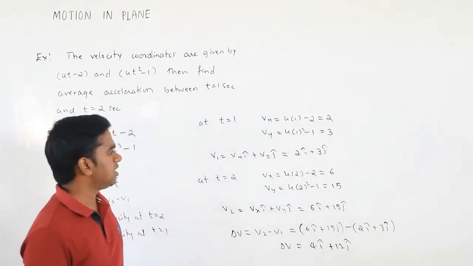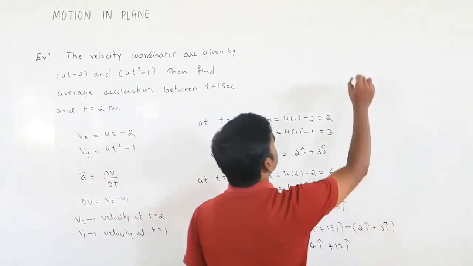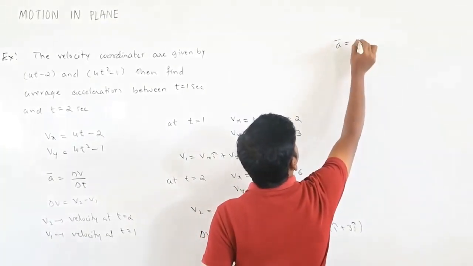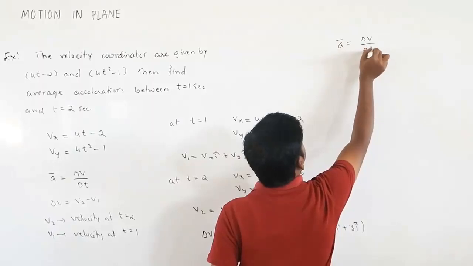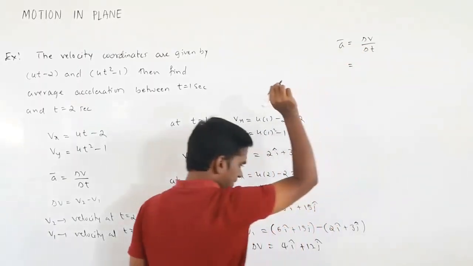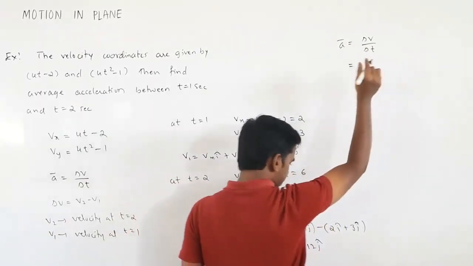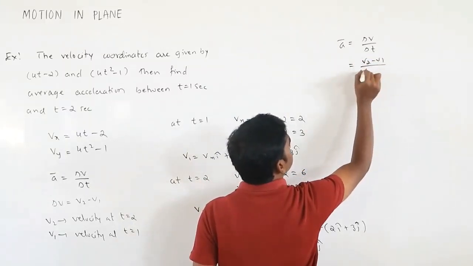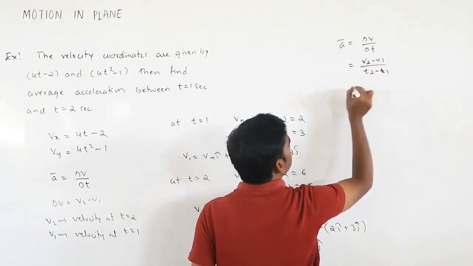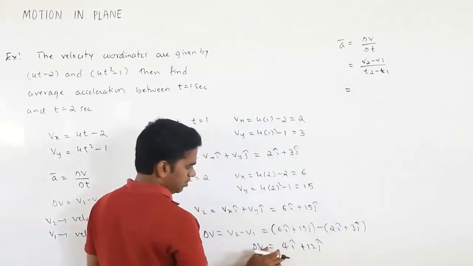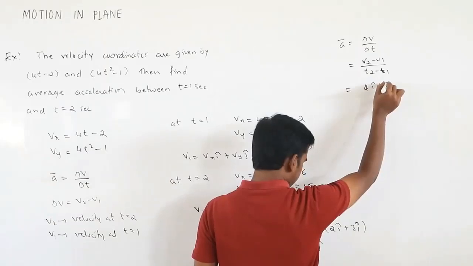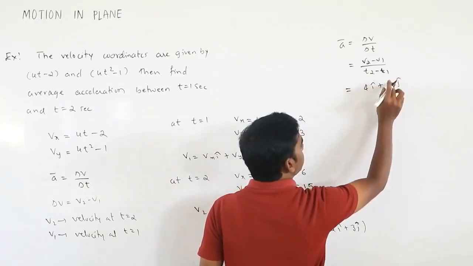They are asking for the average acceleration. So average acceleration A equals delta V by delta T. Delta T means T2 minus T1, and delta V is V2 minus V1, which we got as 4 i cap plus 12 j cap.